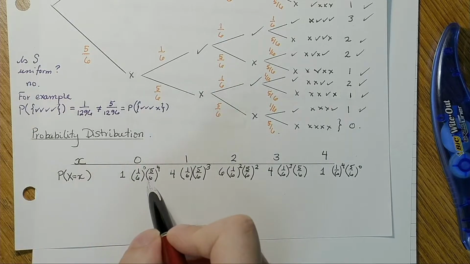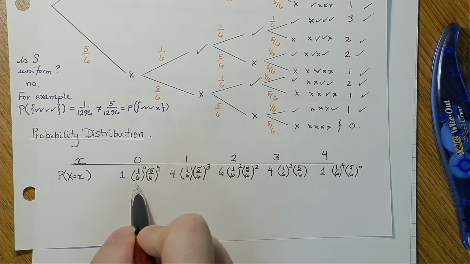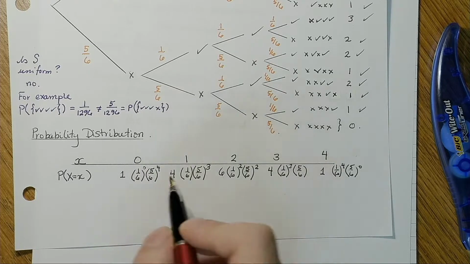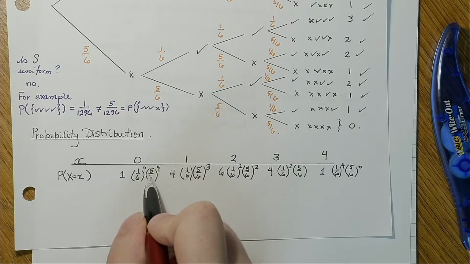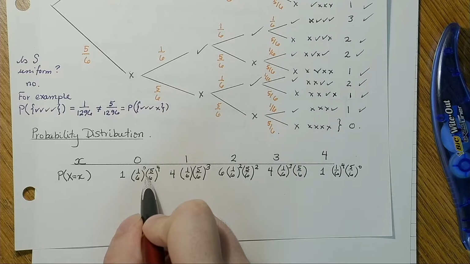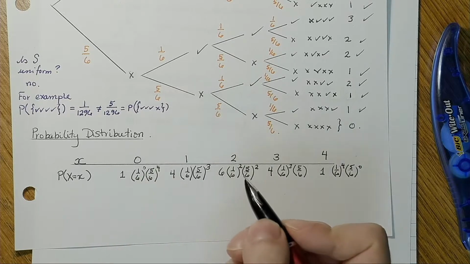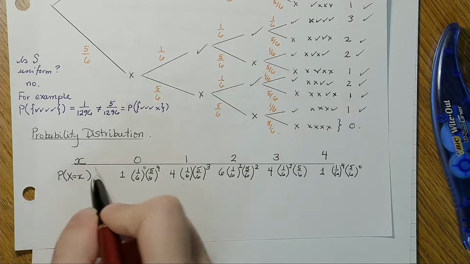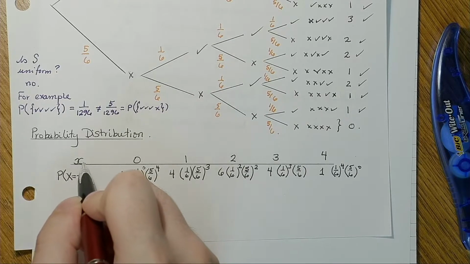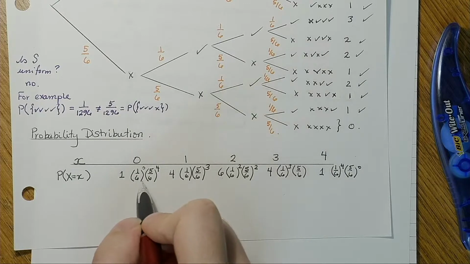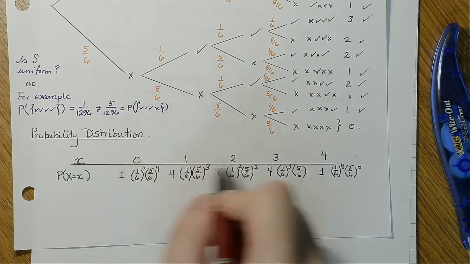First, there's the probability of success, which was rolling the die and getting a 6, and that's what we wanted. And there's the probability of not rolling a 6, and that's our failure. We've decided that in this case, x is the number of 6s that appear when an ordinary die is thrown 4 times. That's why we have 0 to 4.